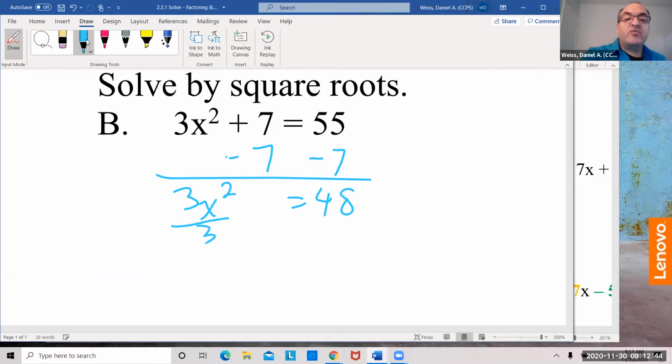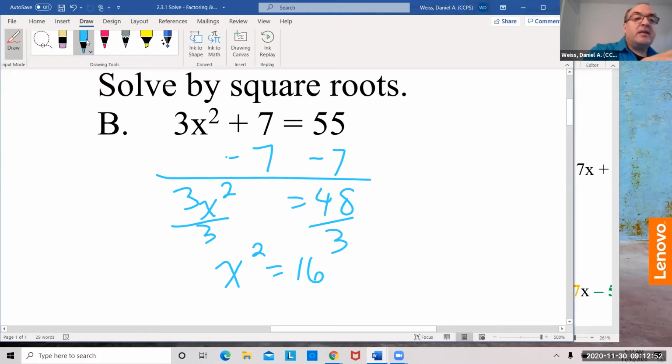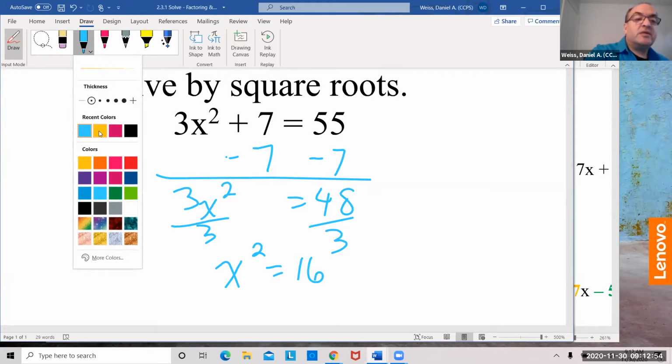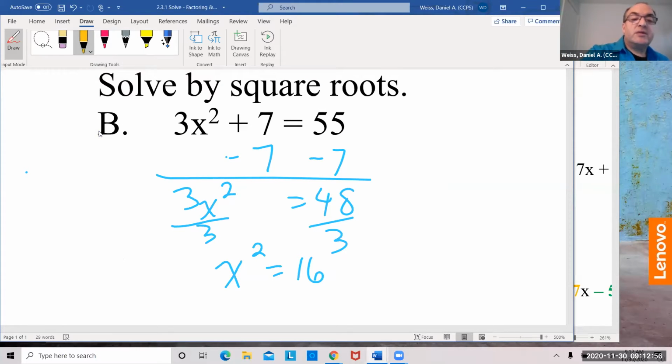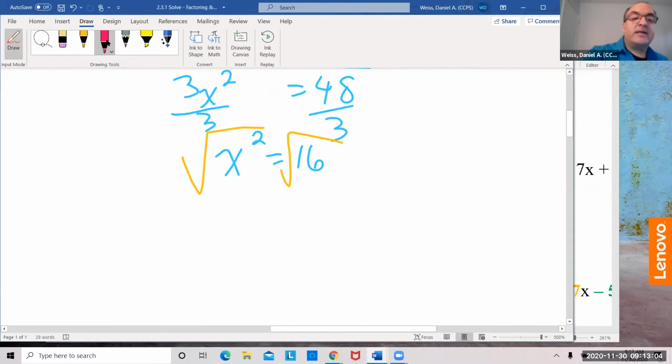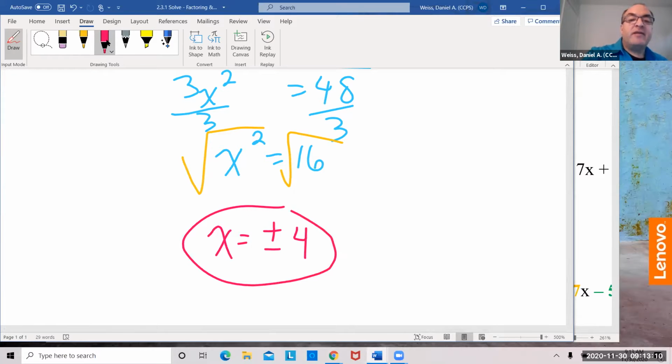You divide by 3, and you got x squared equals 16. Then you took the square root, okay, and you got x equal plus or minus 4, which means positive 4 and -4, right?